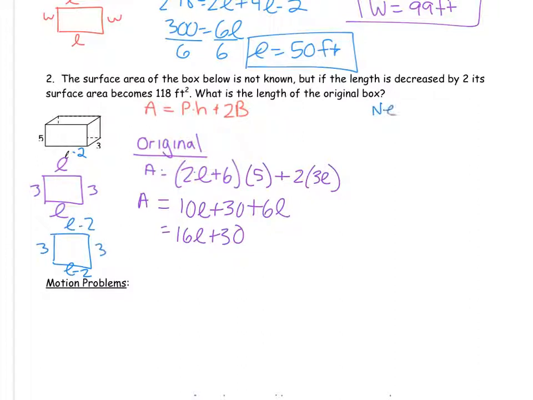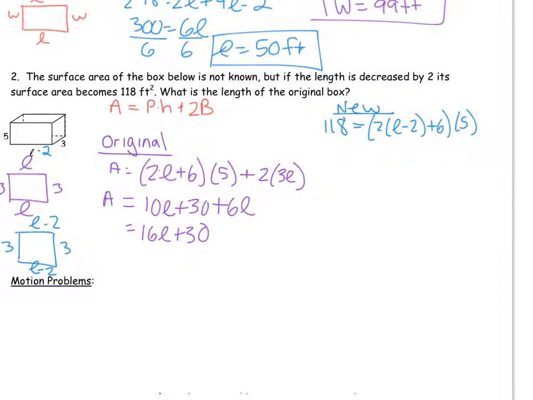So in our new shape, we know the surface area equals 118 feet squared. Our perimeter of the base, L minus 2 plus L minus 2 plus 6, I'm going to write it 2 times L minus 2 plus 6, times the height, which is still 5, plus the area of the base, which is now 3 times L minus 2.